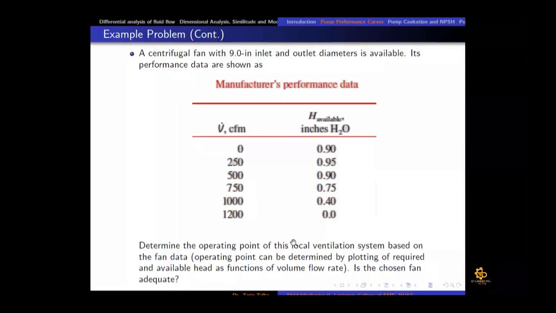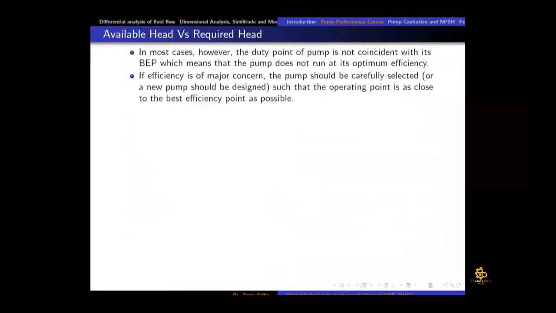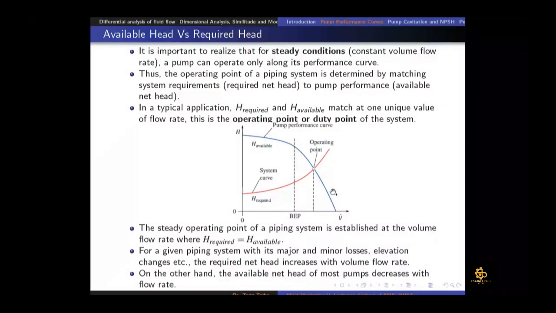We have been given the available head data, and if we go back a little bit, the available head curve is given as a function of volume flow rate. All we need to do is get this other curve, which is this red line.